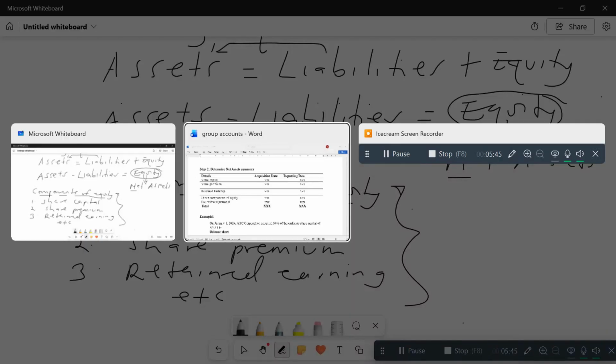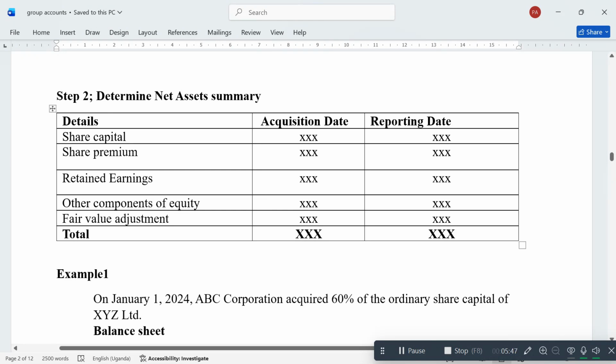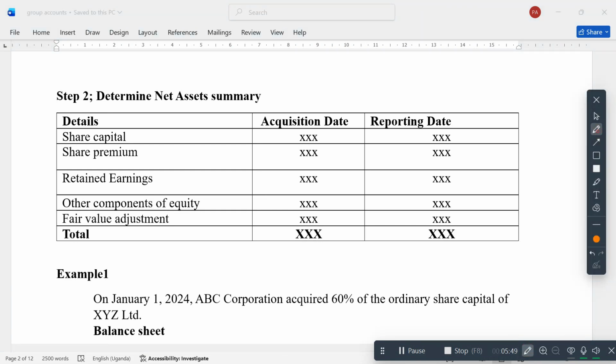That's where you will find what we call net asset. Remember, your balance sheet will have the assets, then you have equity and liabilities. So for the equity section, you find your components of net asset.